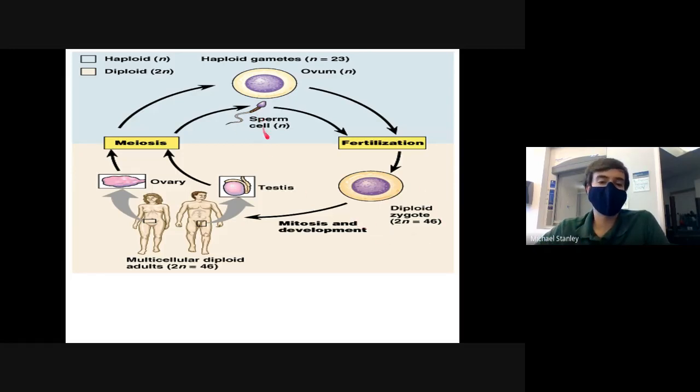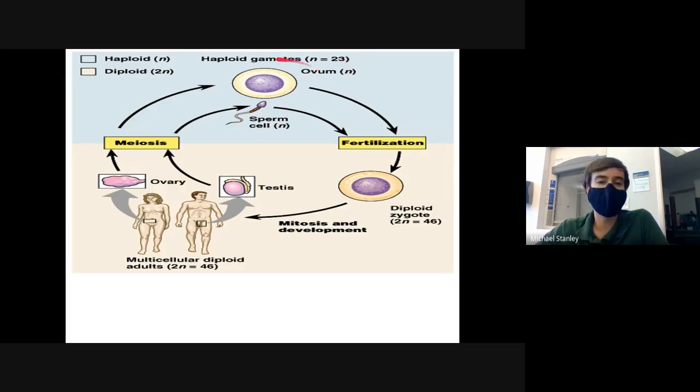If both of these were diploid and had 46 chromosomes, when they come together they would make a cell with 92 chromosomes. And a 92-chromosome cell is not going to develop into a human. So in order to make sure that when fertilization happens we have the right number of chromosomes, we need to take our diploid cells and split them into haploid cells that only have one full set of chromosomes.